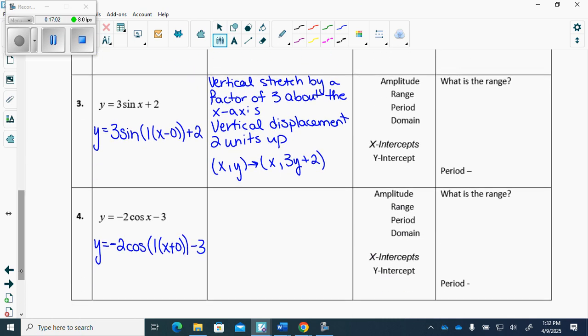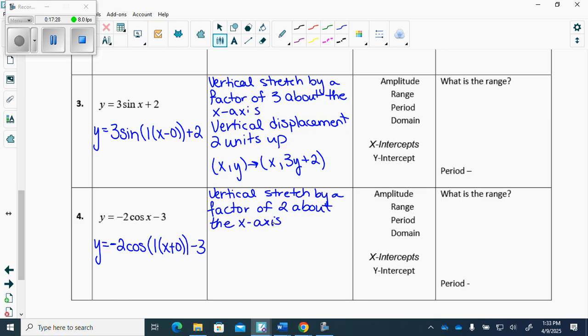Okay, this one has a vertical displacement. Nope, that's a lie. It does, but that's not where I'm going. Vertical stretch by a factor of what? No, I have it. Factor of 2 about the x-axis. These two you can do the multiplication.